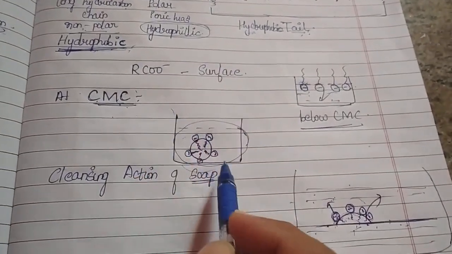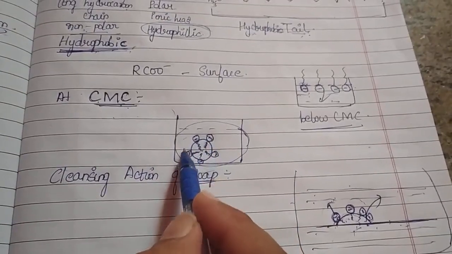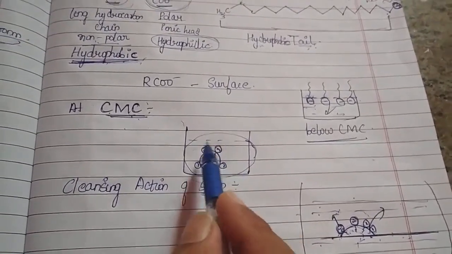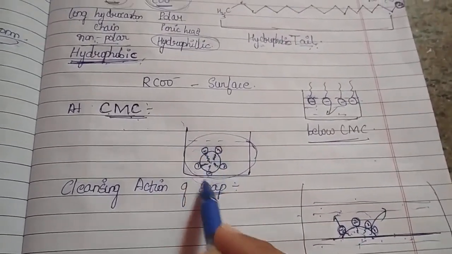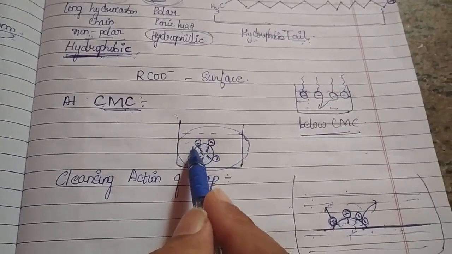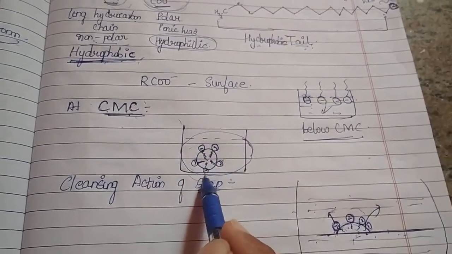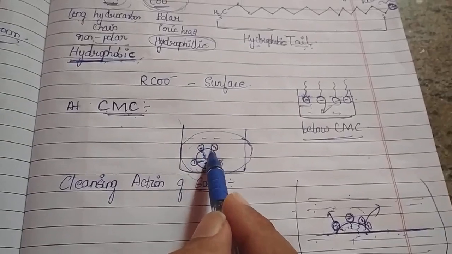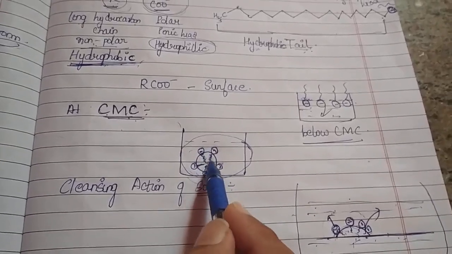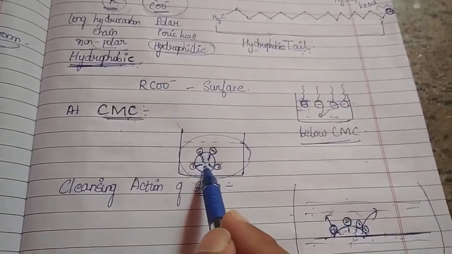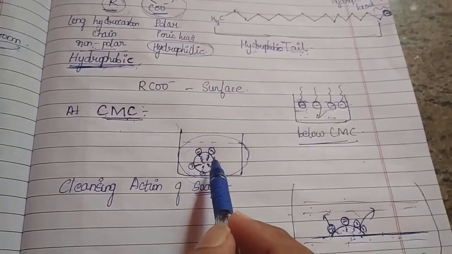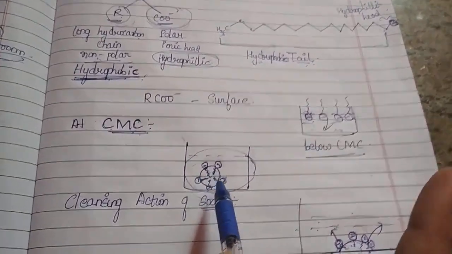And when they come inside, a micelle will be formed. What is this micelle actually? It is like a sphere, such that the polar head will be at the surface of the sphere, whereas the non-polar group will be pointing at the center of the sphere. Is that clear?